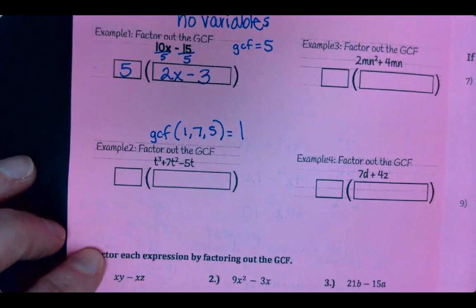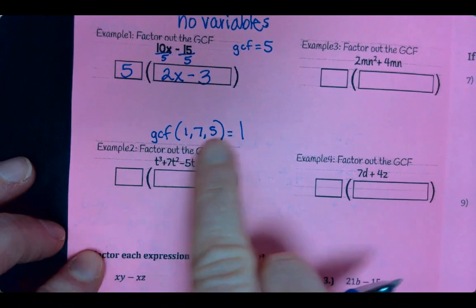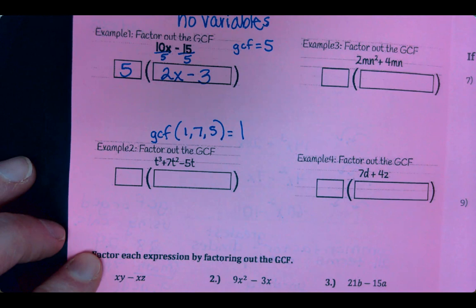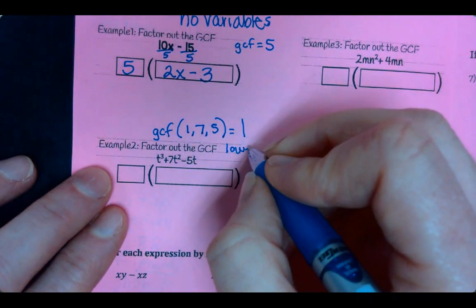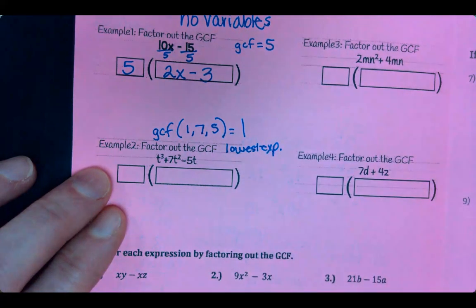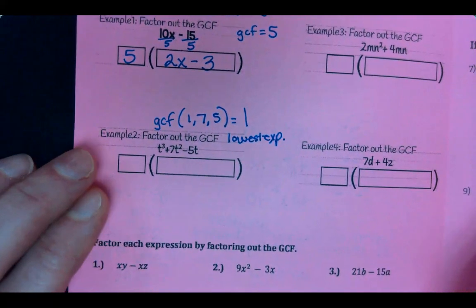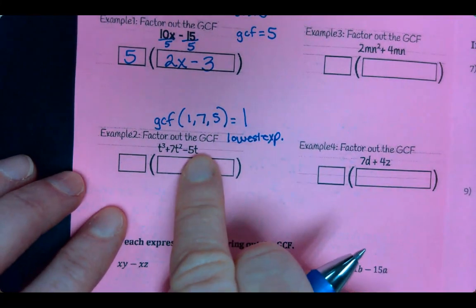And you can actually do 3 numbers in the calculator, it won't let you. But you can write this down so that you can try to figure it out. But then what's the lowest variable that they have in common? Lowest exponent. Yep, so it's t.